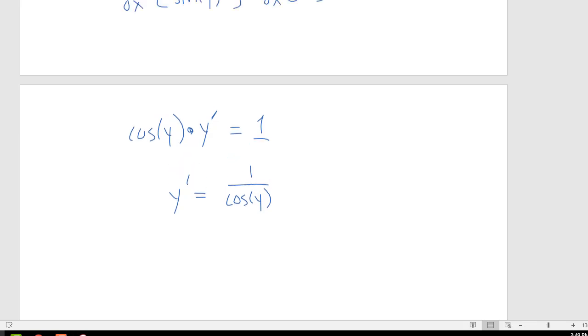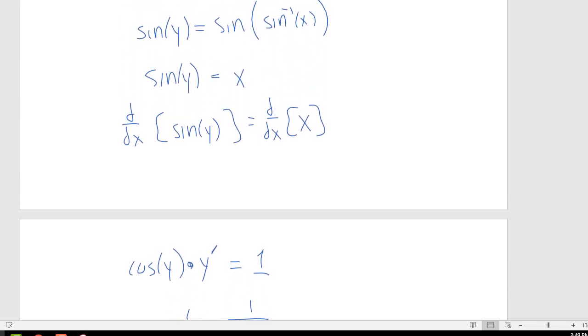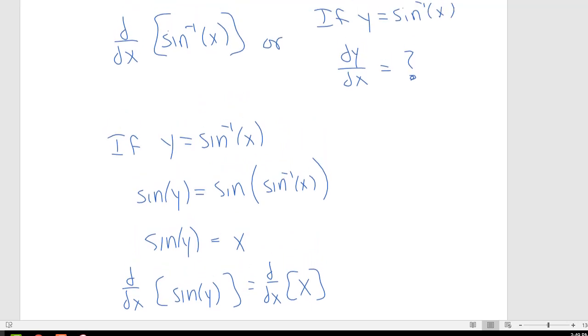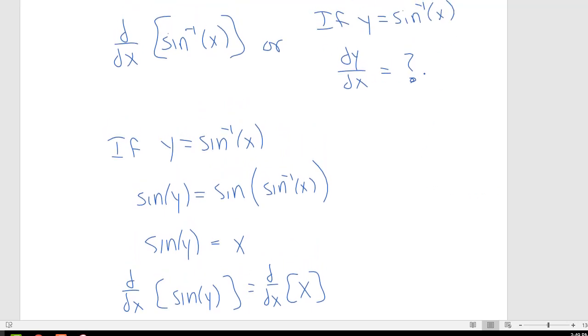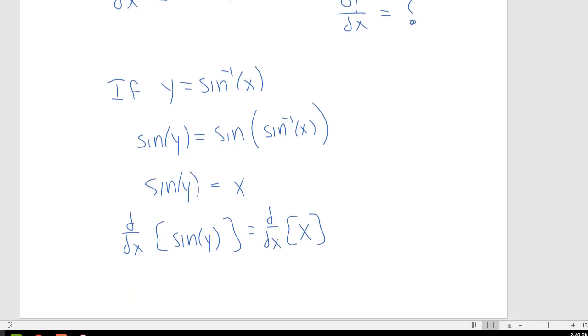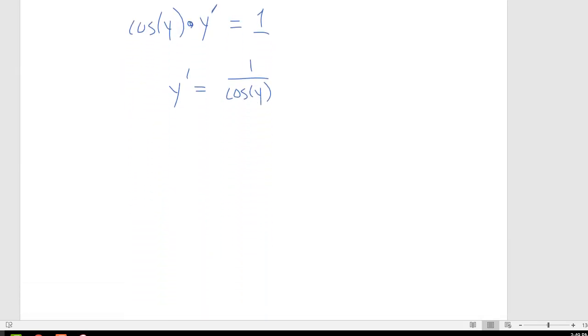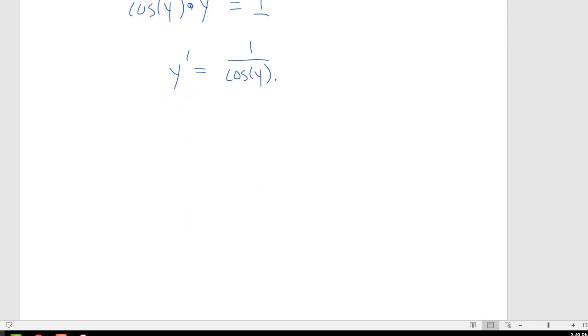We're trying to find the derivative of inverse sine of x. My y is an explicit function of x, so I want my derivative to be an explicit function of x. My derivative is not yet an explicit function, so I need to convert it and get this in terms of x.